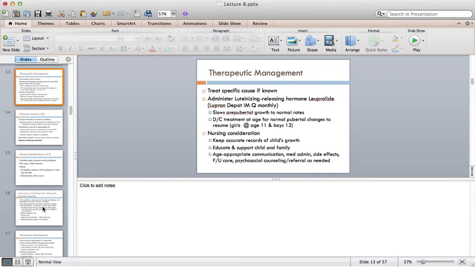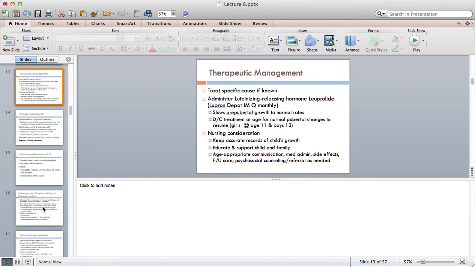So in essence, what the treatment does is just to slow or retard that rate of growth, because this child is 6 years old, 8 years old, 9, and developing all these sexual characteristics which they shouldn't at that young age.